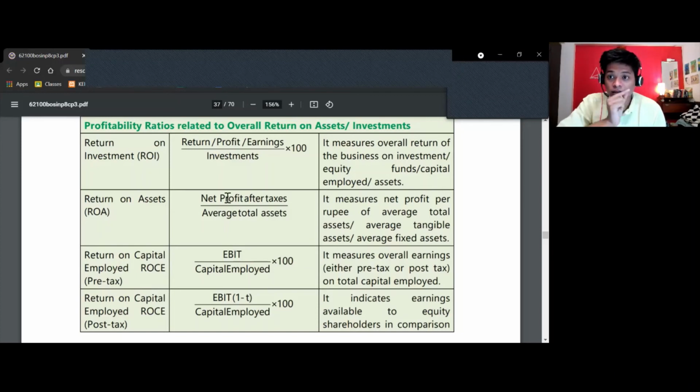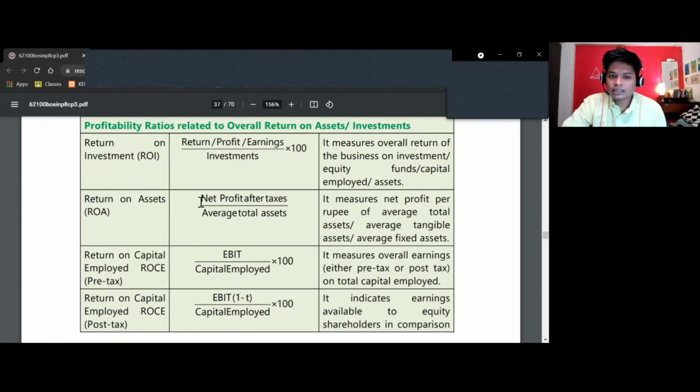One thing to note is that here it's net profit after tax, and here it's EBIT. Now there's a logic behind this. It's not like we just took this in one and that in the other.